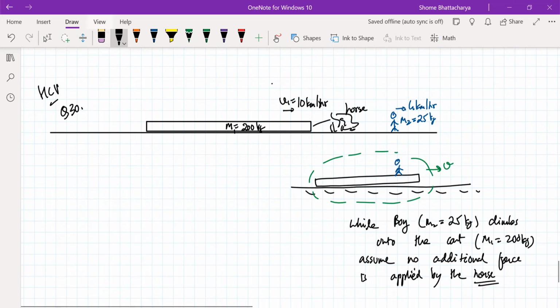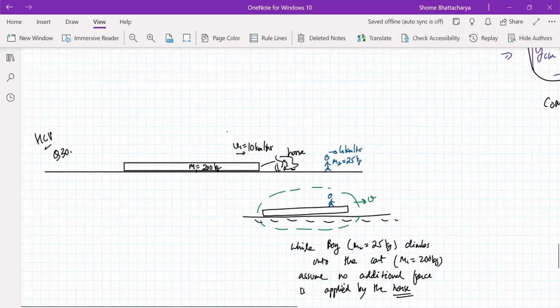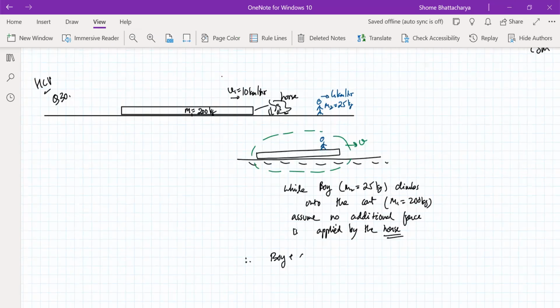So then we can do momentum conservation. Taking the boy plus the cart as a system, the external force will be 0. So yes, conservation of linear momentum.